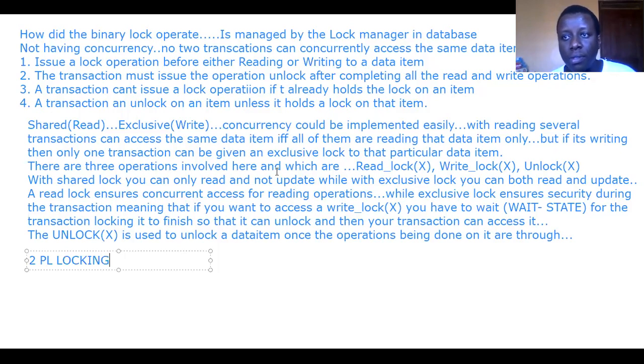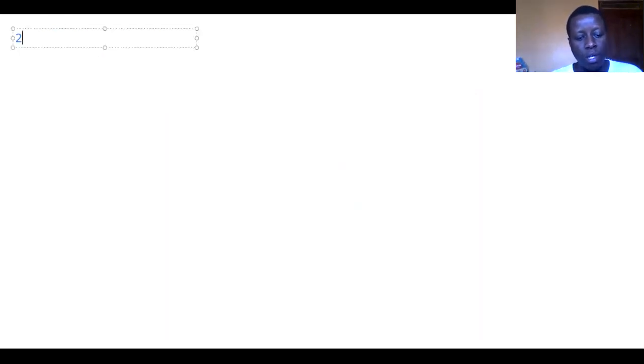This is the other one. Two-phase locking. First of all, you have to know what two-phase locking is. Two-phase locking is there just to ensure serializability.